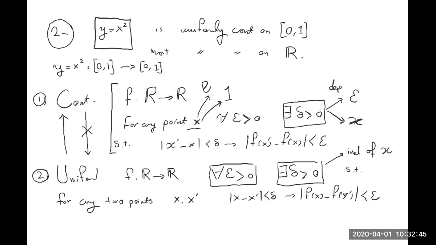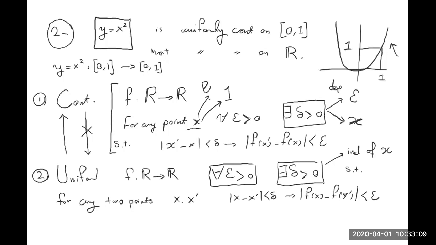On this interval, we want to say this is uniformly continuous. This is how y equals x squared looks, the graph of the function. This is the interval 0 to 1. Although it's continuous everywhere, we want to say it's not uniformly continuous.